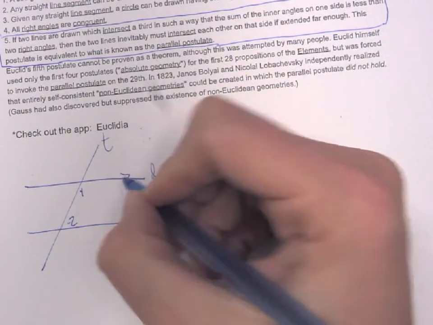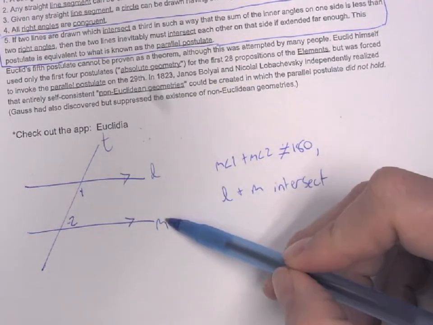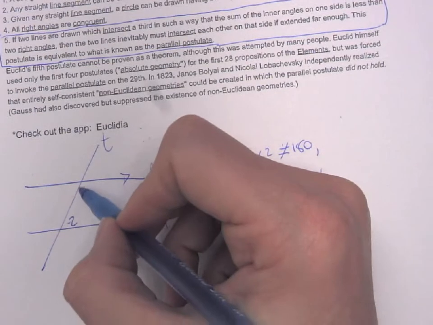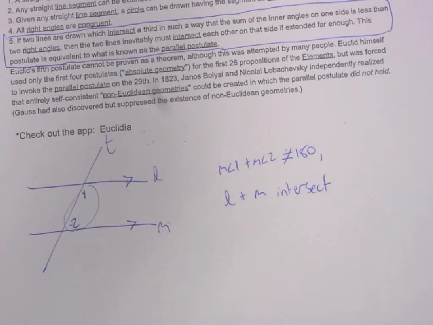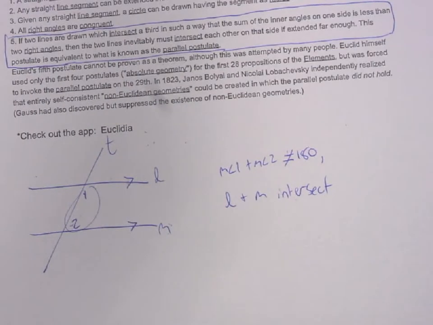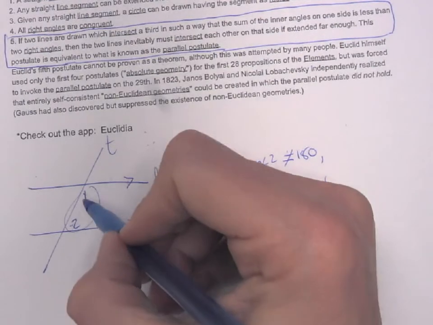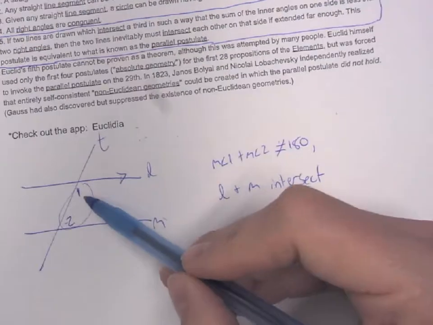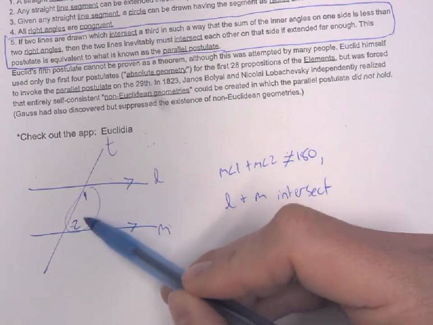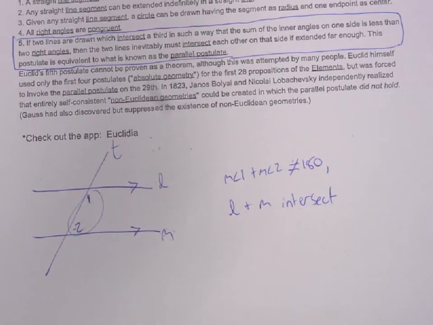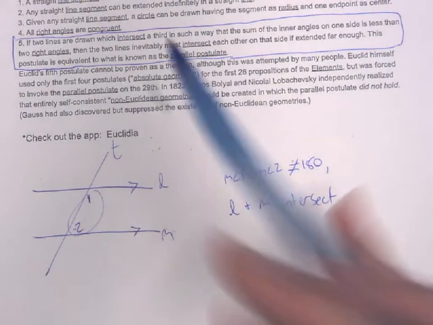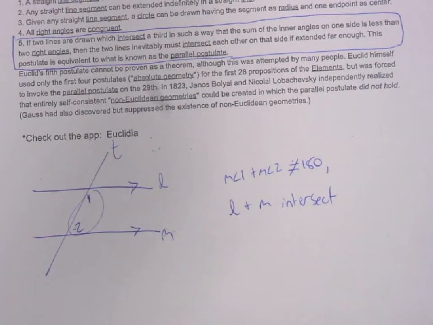So if these two lines, L and M, are parallel, then the measure of angle 1 plus the measure of angle 2 equals 180. Now essentially, that is exactly what we're talking about with corresponding angles, right? Not corresponding, consecutive interior, excuse me. Euclid didn't use this language, but he said basically these two consecutive interior angles are supplementary if these lines are parallel. That's another way of interpreting Euclid's fifth postulate.